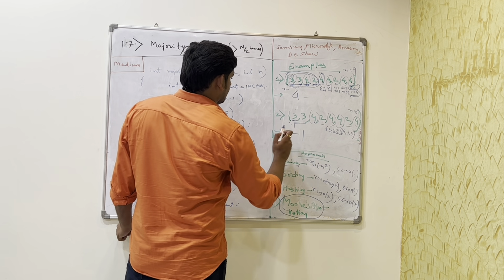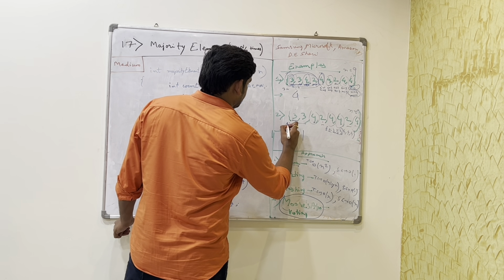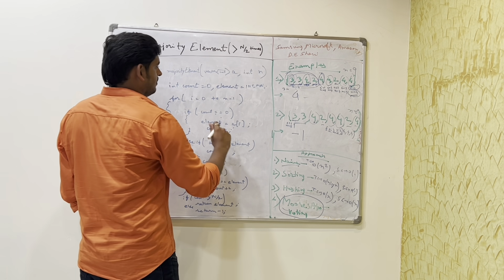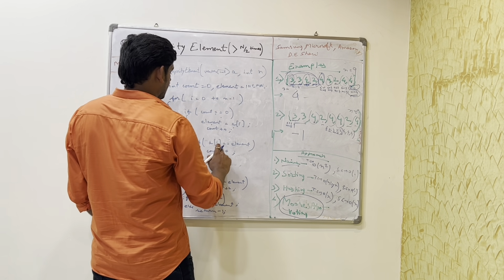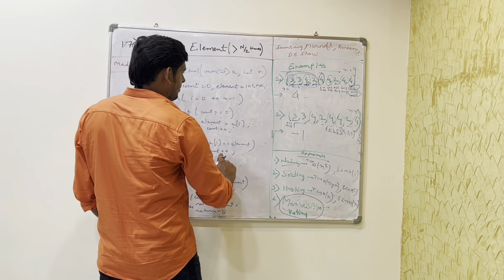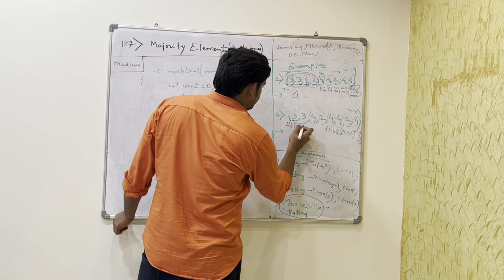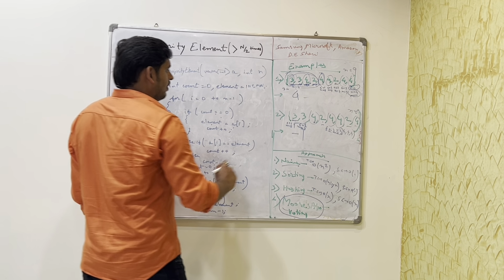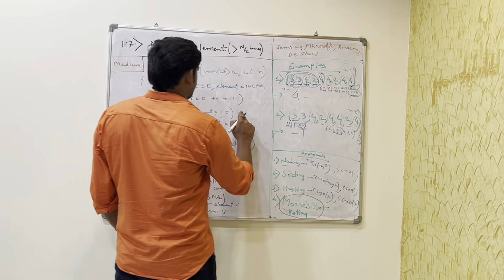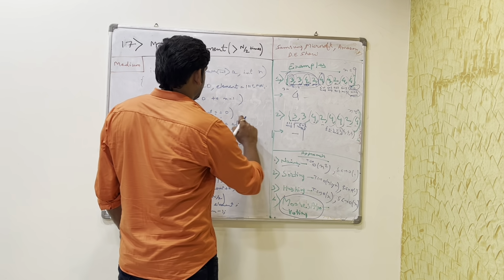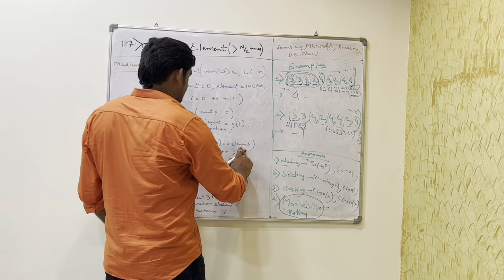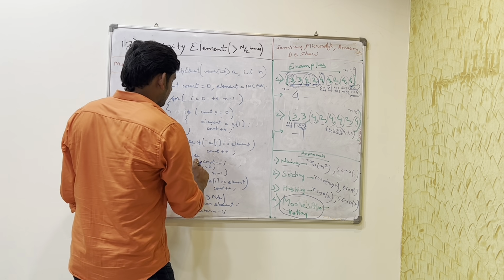Count is 1, majority element is 3. Now again we have got 3, so count becomes 2, and our majority element is 3 only. Now count is not 0, and 4 is not equal to 3, so it would go over here.